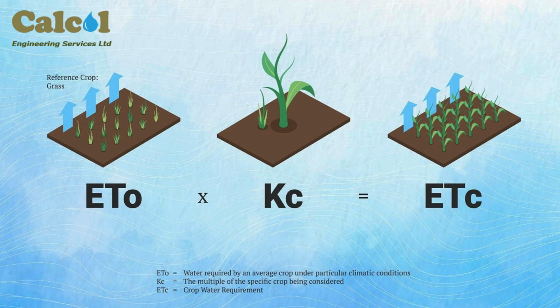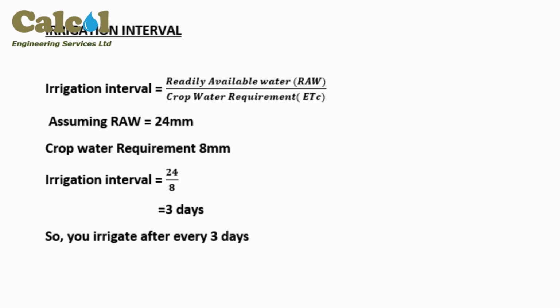Once you've determined the readily available water in millimeters, say 24 millimeters, you use the value for ETc from the previous video. You remember we discussed ETc, which is the crop water requirement. So if your crop water requirement is, say, 8 millimeters, and you've determined that the readily available water is 24 millimeters, you divide the readily available water by the crop water requirement of 8 millimeters.